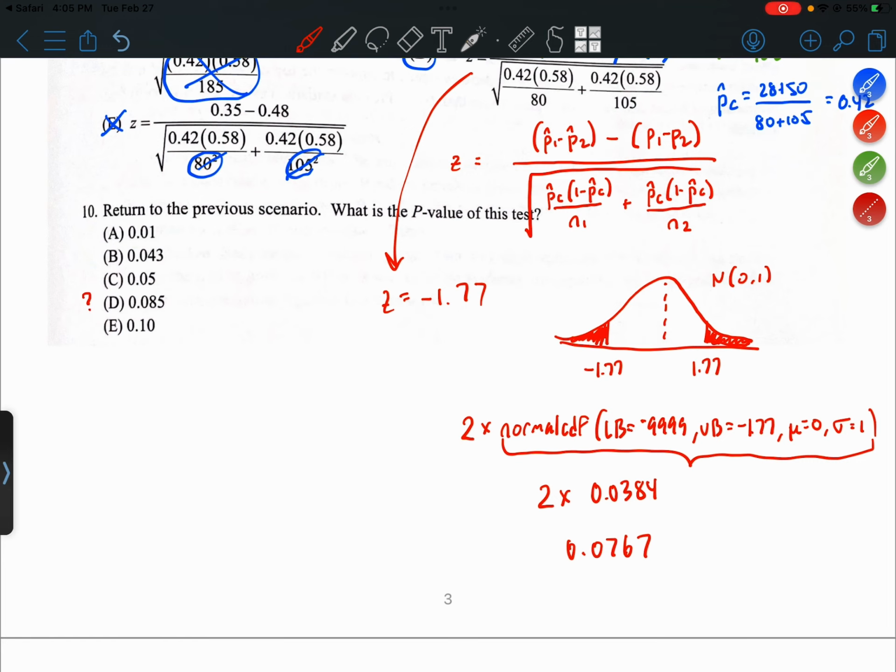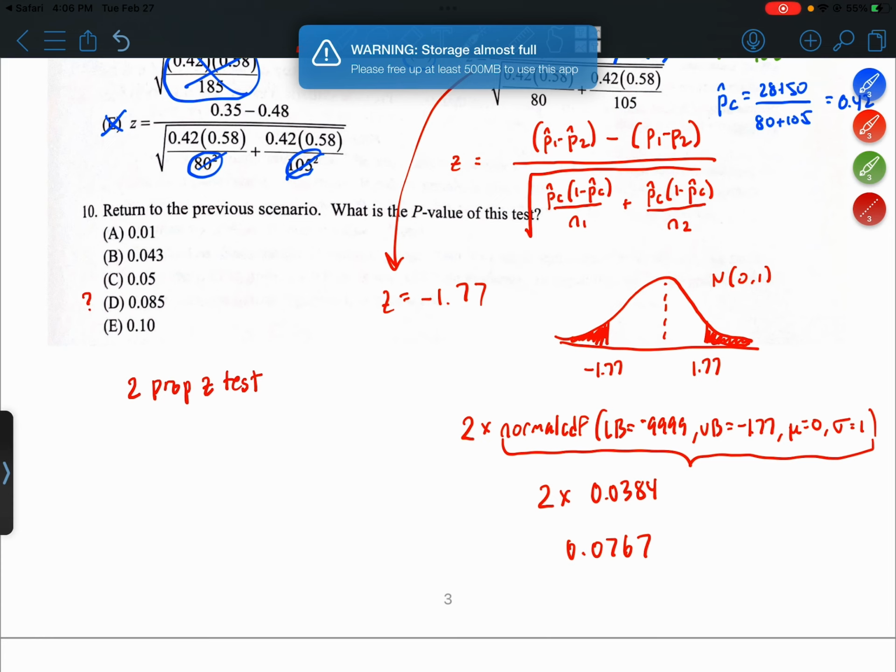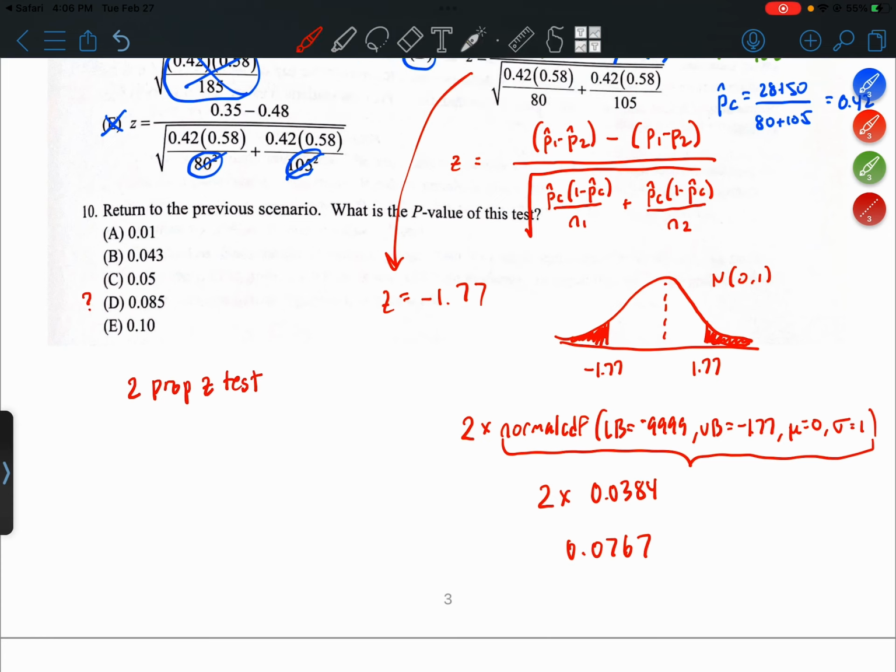Now, here's another way that we can get the p-value. We can just use 2-prop z-test on our calculator. So stat. It asks for x1, n1, x2, n2, and then the direction of the alternative hypothesis.